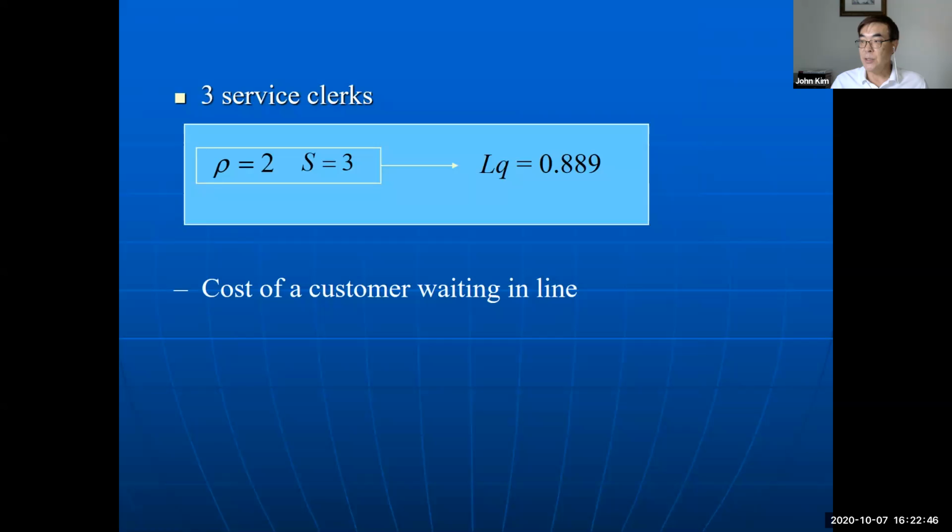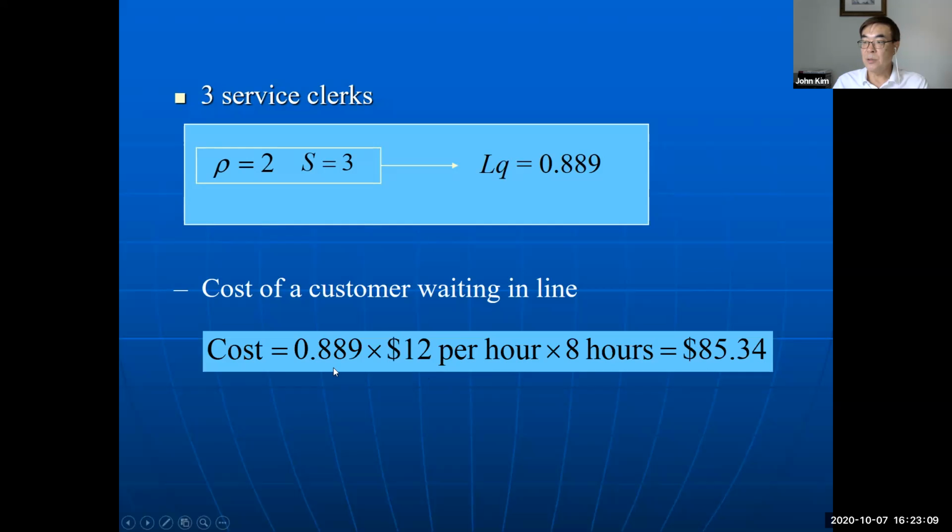So using this LQ, we can calculate the cost of customers in the waiting line. From the given information, the value of a customer in the waiting line is $12. So on average, 0.889 customers in the waiting line, $12 per hour cost, and the store is open 8 hours.